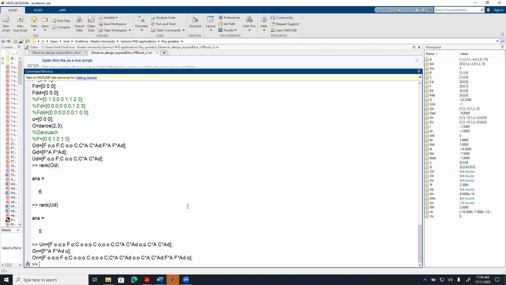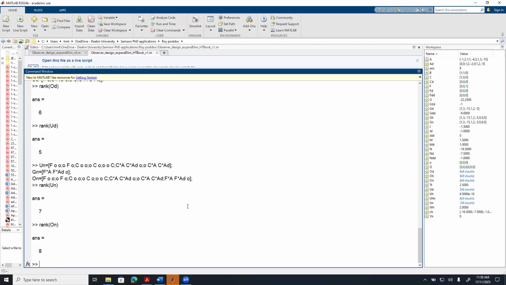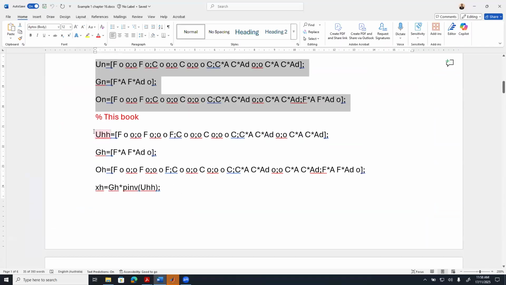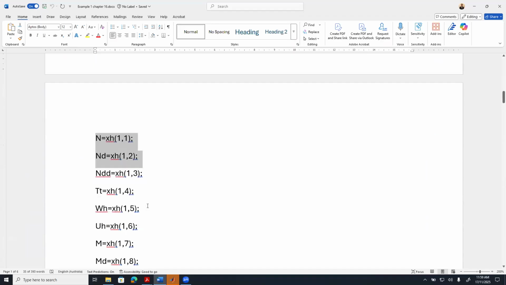When we check the rank of UN, it's 7, whereas the rank of ON is 8. And so we then apply our condition, and it turned out to be satisfied.